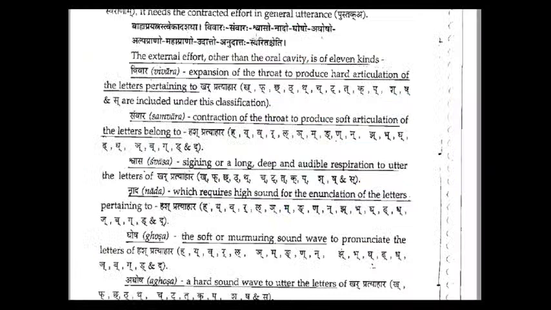Visarga is there, not O, but because of Visarga Sandhi rules, this Visarga converts to U and ultimately we get this Swaso word, but the actual word is swasah. Second is nadah, third is ghoshah, fourth is aghoshah. Next, alpa pranah. Here it looks like ya-ra, but it's pa only, pra.